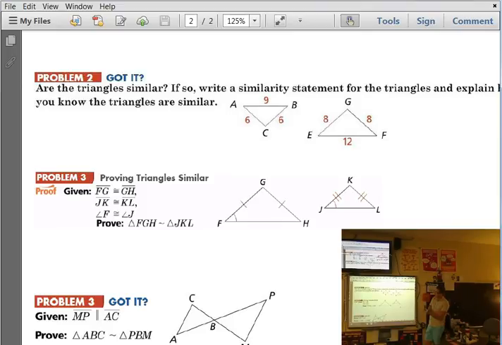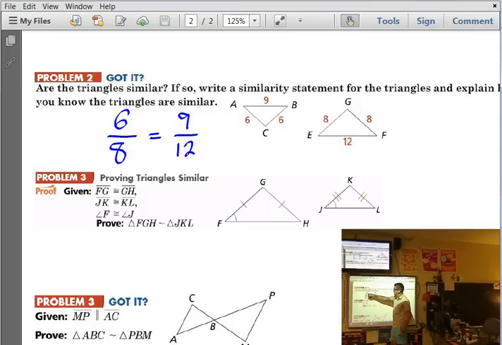What about 12 to 8 or 8 to 12? Same thing. 2 to 3 or 3 to 2. So, according to Calvin's ratio method, this should work. They should be similar. If we check, how does my short side relate to my short side and my long side relate to my long side? Do these come out to be the same? Yeah, 3/4.